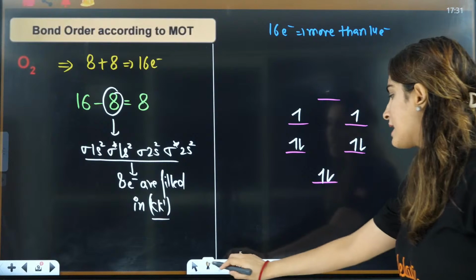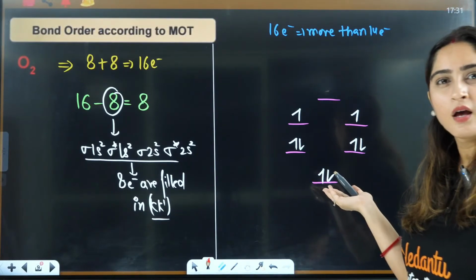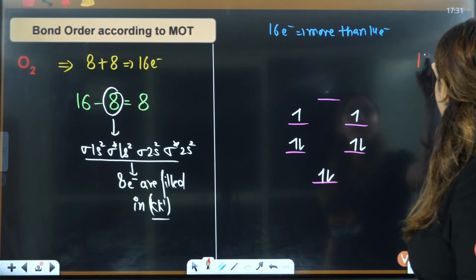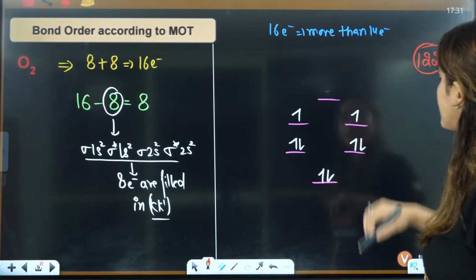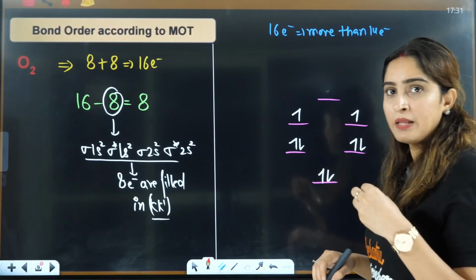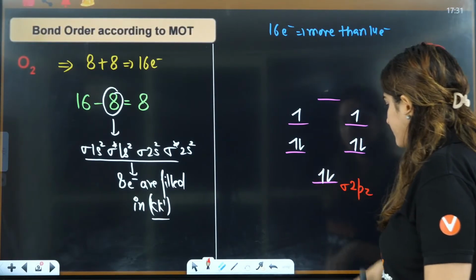Can you see unpaired electrons? And ma'am, what are these lines? What do they represent? So 1, 2, 2, 1. 1 is always 2pz, and 2pz is sigma, so you will say sigma 2pz, right?